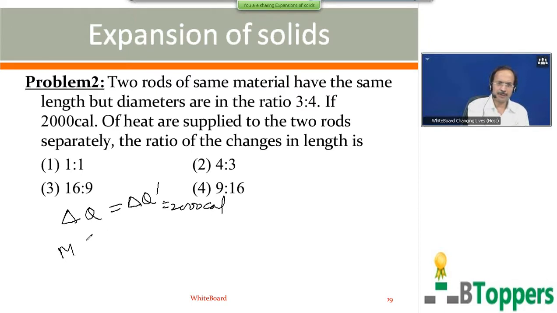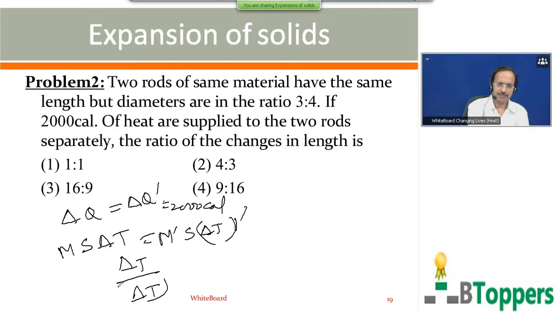So delta Q for the first rod, you can write, is mass of the first rod into specific heat into increase in temperature. For the second rod, delta Q dash is equal to mass of the second rod, denoted by M dash, into specific heat into increase in temperature. Specific heat is the same for both. So the increase in temperature of the first rod to the increase in temperature of the second rod is equal to the mass of the second rod to the mass of the first rod.